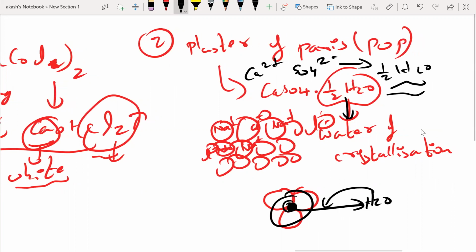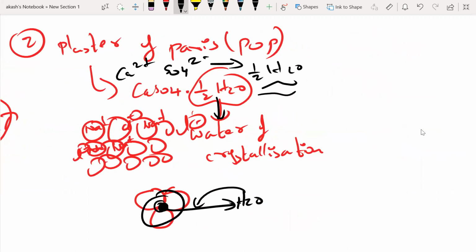Now, you gave me the formula of the salt, so obviously I can talk about the name of the salt. Anybody wants to comment? This is the formula. What is the name? Calcium sulfate hemihydrate. Correct.